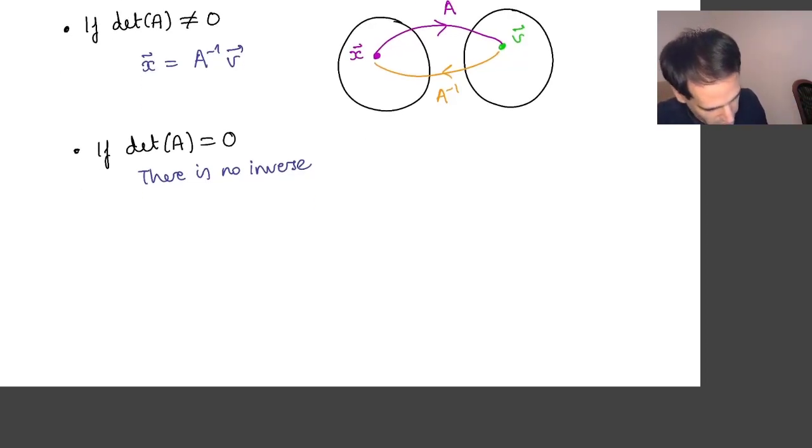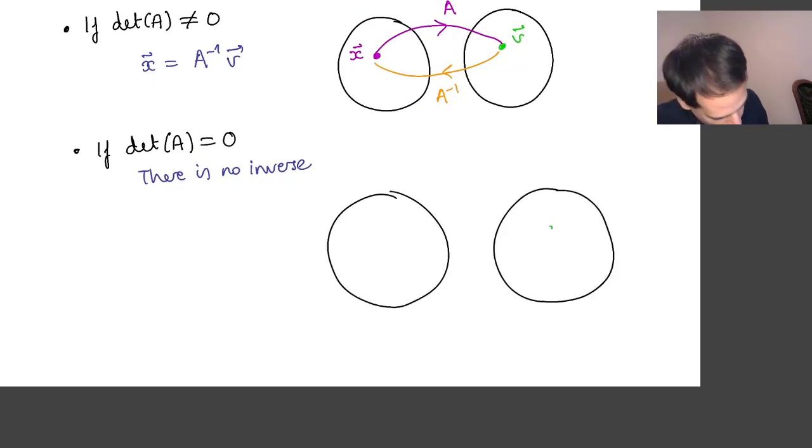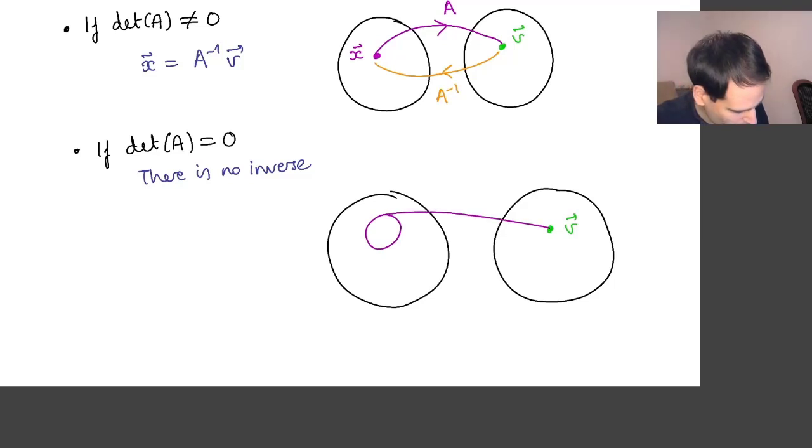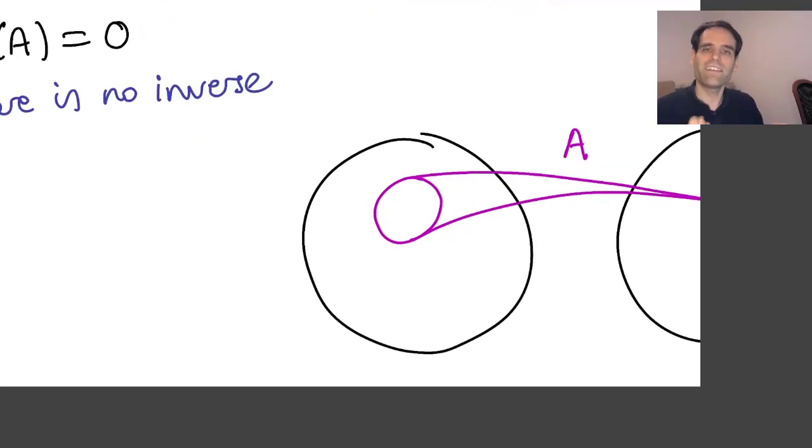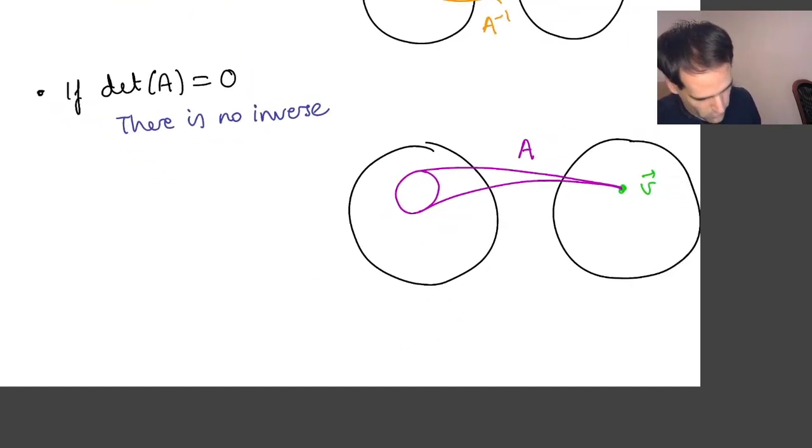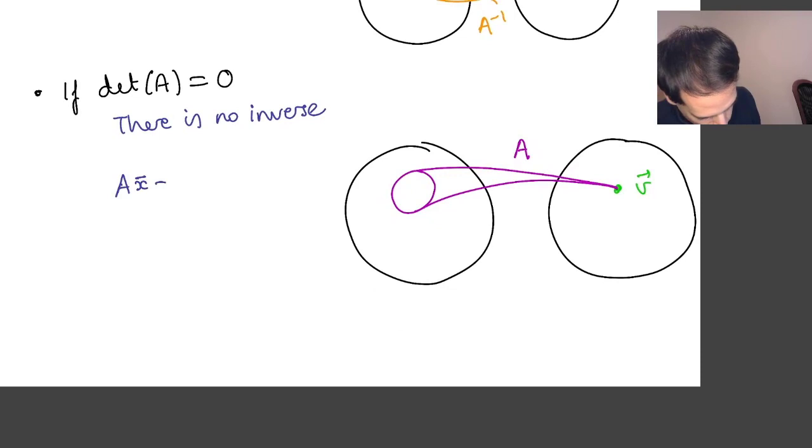So when the determinant is 0, you know that for every output vector V, there is a subspace of vectors that end up in V when applying transformation A. Therefore, if you are really interested in knowing the answer to the problem A times X equals V, what you should do is give me the entire subspace.